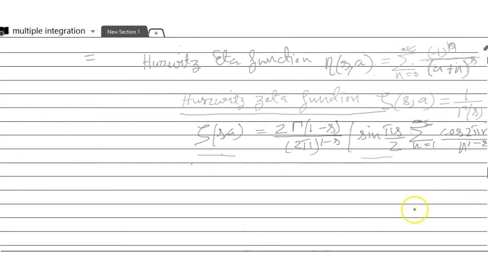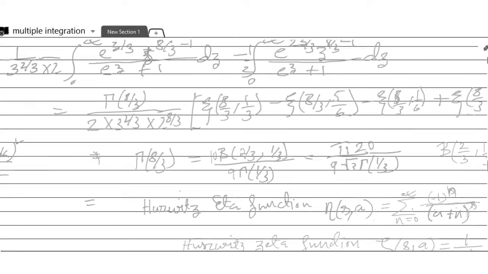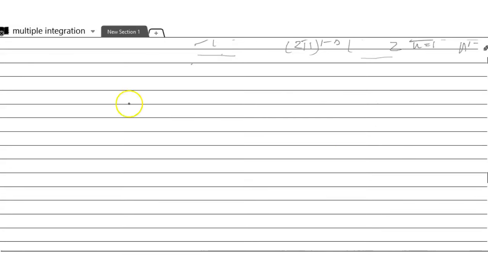So whatever I get, friends, I can write this equation this way. My answer should be 10 pi root 3 divided by 27 gamma 1 by 3.